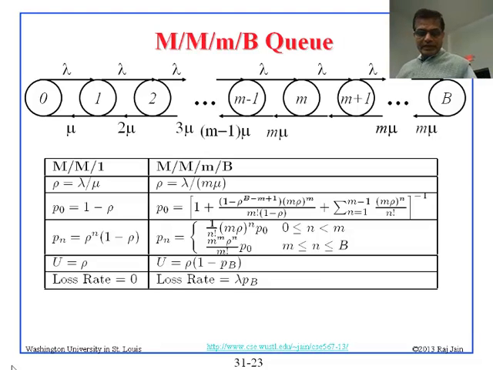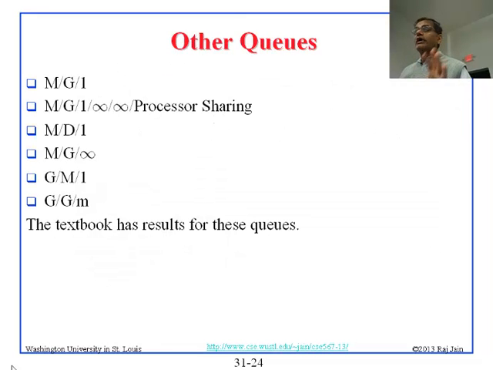And then the book also has other queues: MG1, MD1, MG1 with processor sharing, MG infinity, GM1, GG1. Now, you don't have to remember any of these. I don't remember any of these, but you have to know the existence of these queues. So whenever they happen, we go to the book, we read the box, and we use the formula.